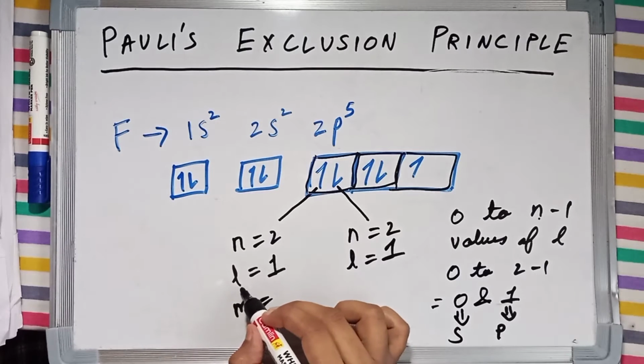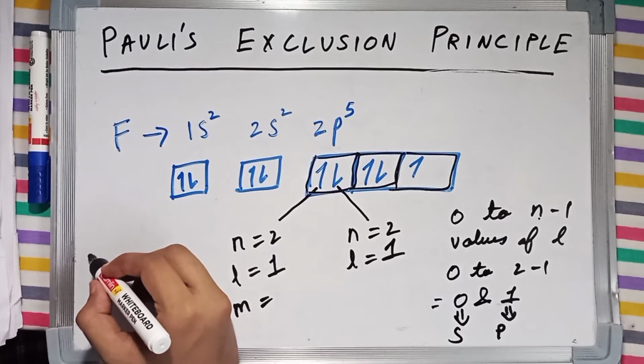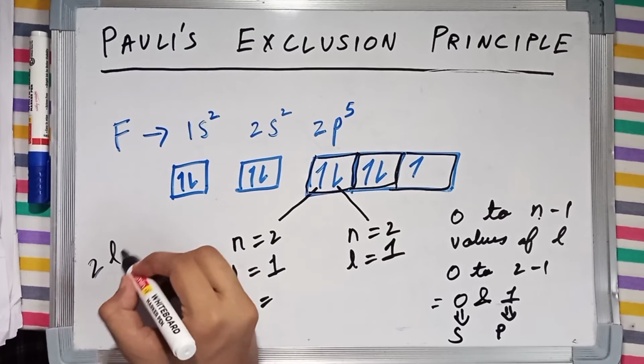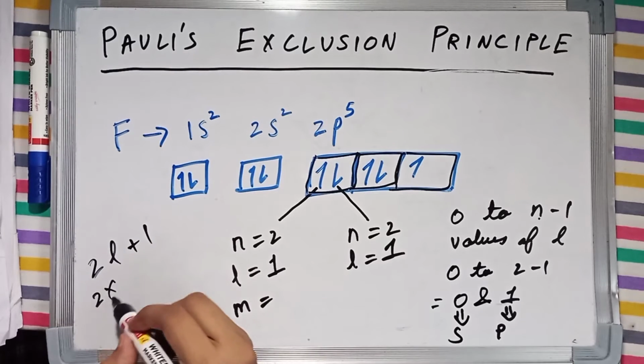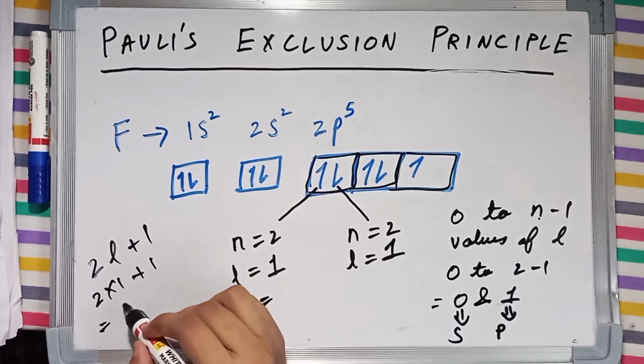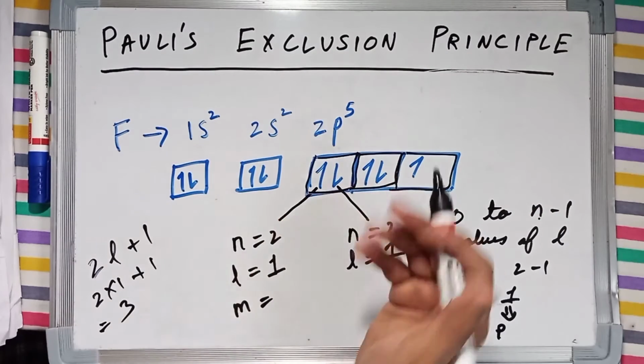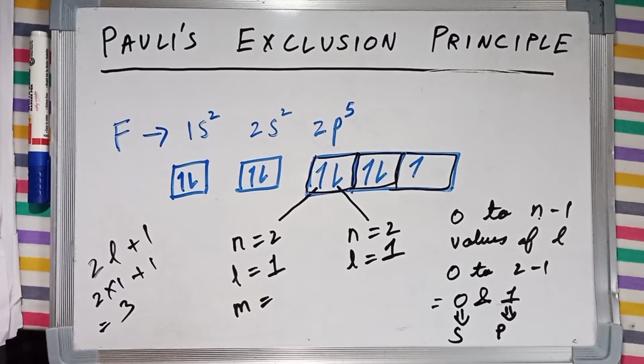So 2 into 1, because the value of l is 1, plus 1 gives us 3. Okay, so we have 3 orbitals. Now what will be the names per se?